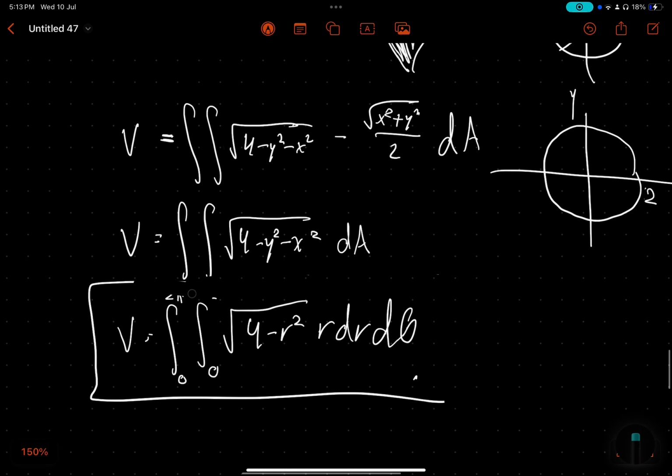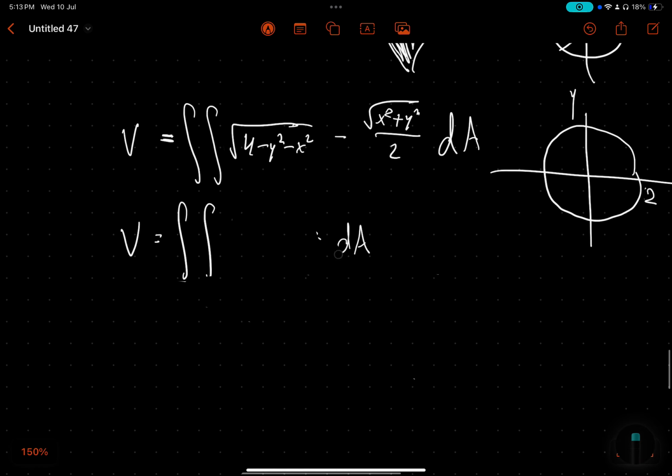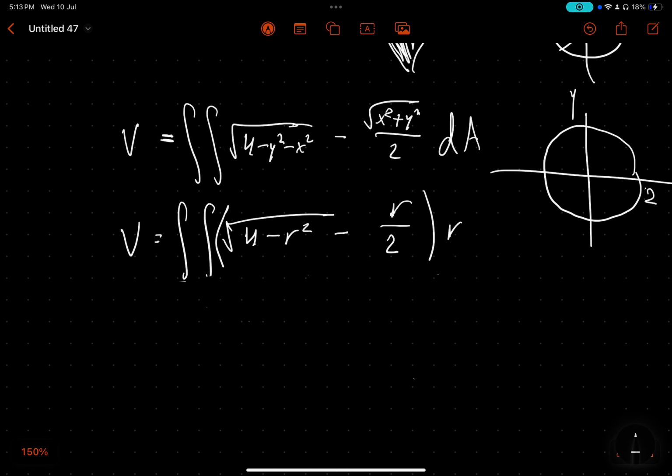And also I think there is a change in our boundaries. We're gonna make sure we are using the correct boundaries. So let's check here. So now we're gonna convert to polar. The square root of 4 minus r squared minus, so x squared plus y squared is r squared, and r over 2, all times r dr d theta.